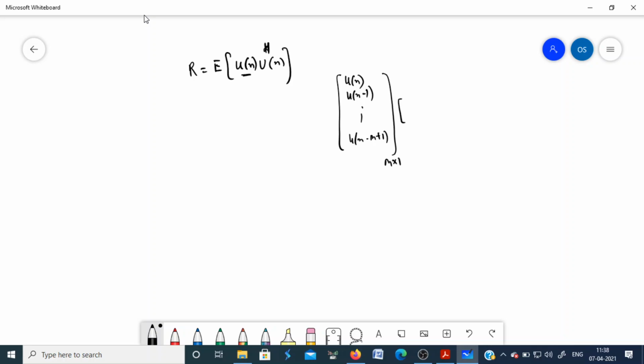So to multiply this with its Hermitian transpose means that you have to take its transpose, so columns will be converted to rows, and then you have to take the conjugate of each. Okay, and then you take its expectation.